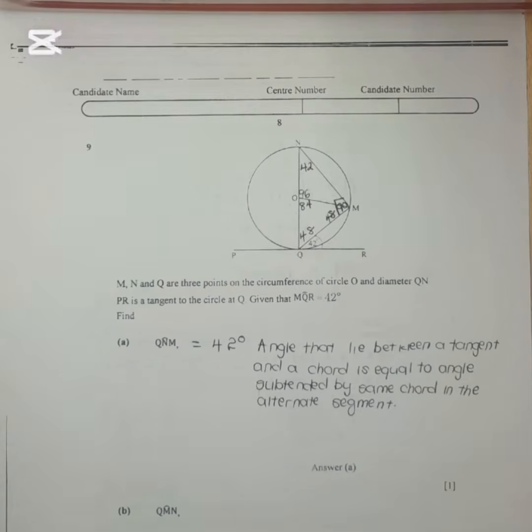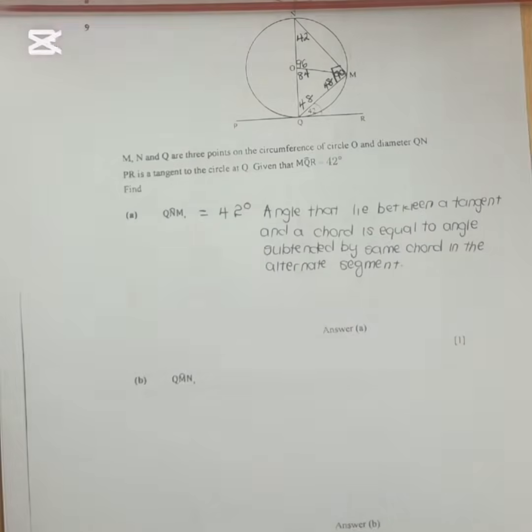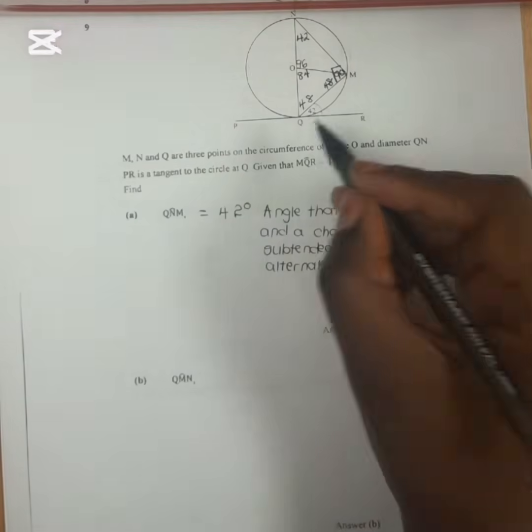Let us proceed to part B. Part B is requiring us to find QMN. So it is going to be 90 degrees because angle in a semicircle is equal to 90 degrees.